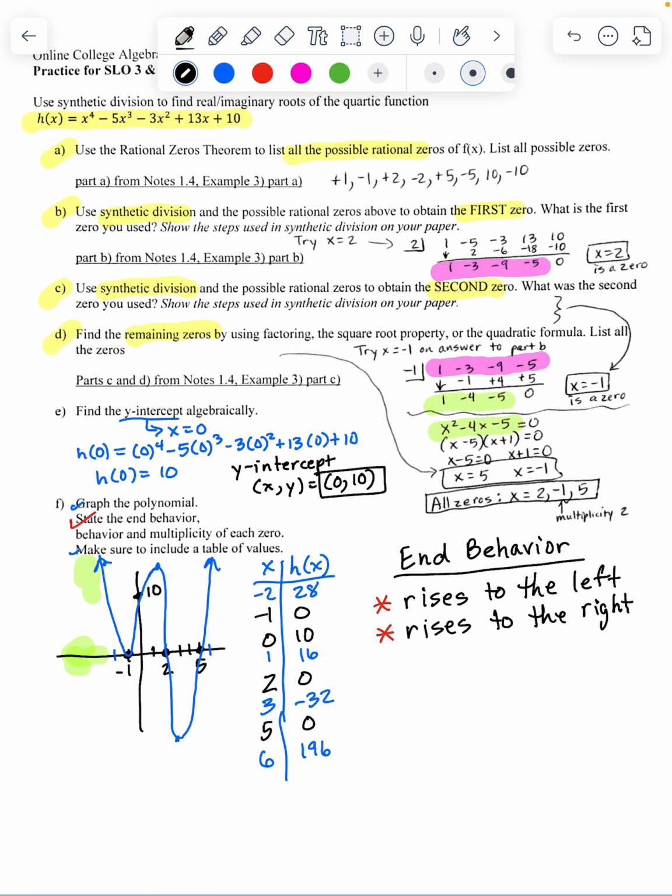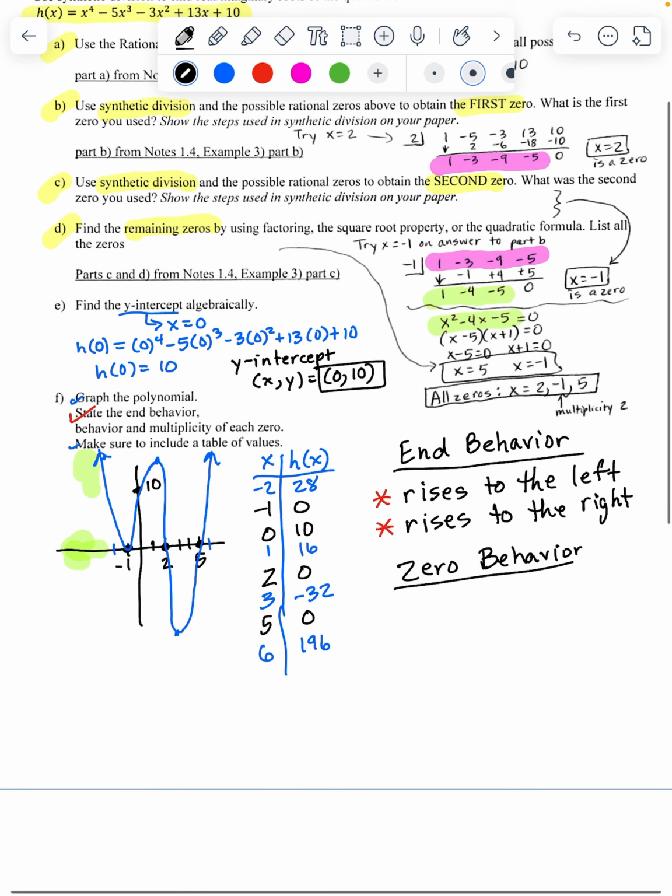And then the last part I need to do to finish this SLO is the 0 behavior. I need to state the behavior and the multiplicity. So there's 3 multiplicities that are possible. The first one is when the multiplicity is 1, the graph crosses the x-axis, and we see that behavior here when x is 2 and 5.